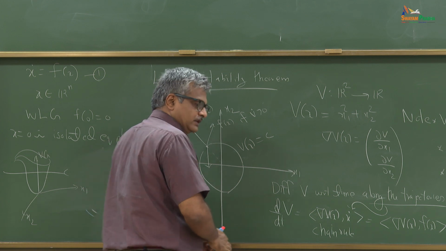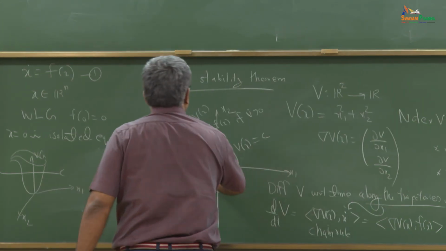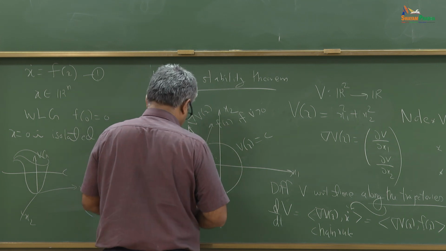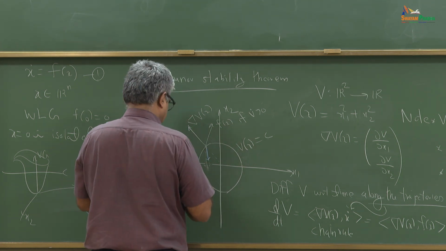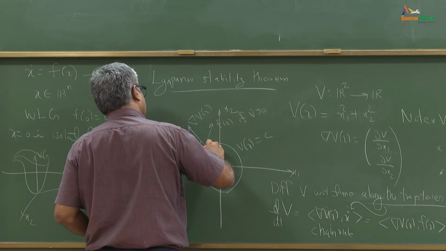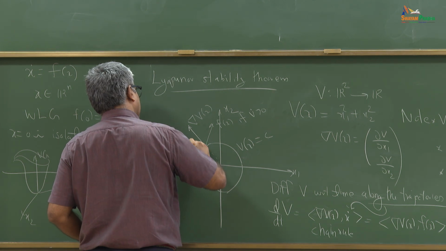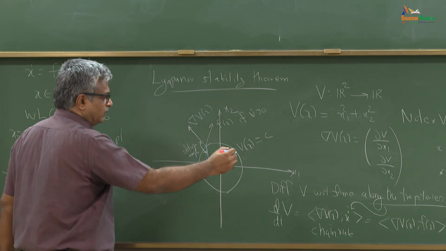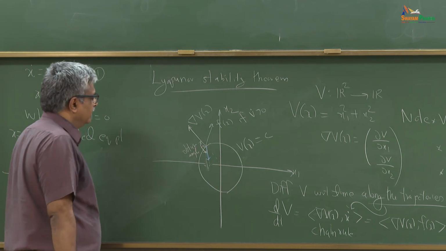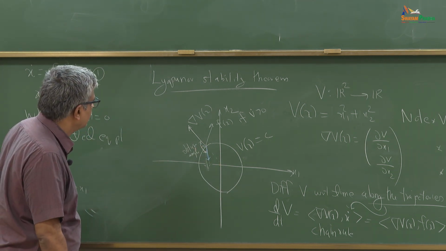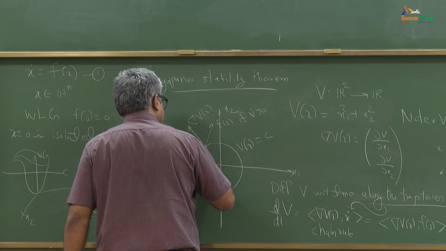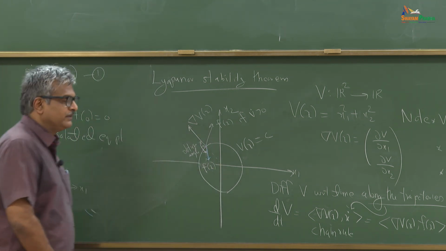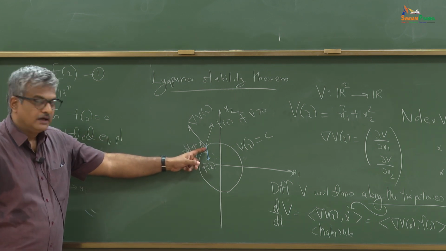Let me use another color. That theta, whatever that theta was, so this is f of x. That means what?